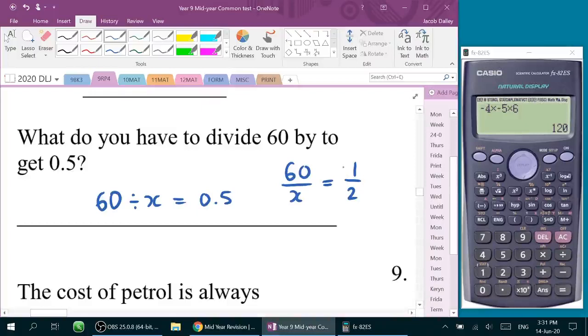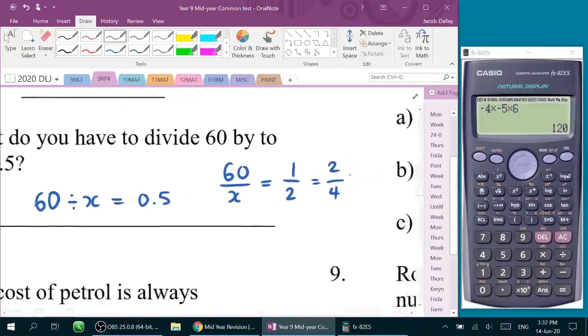When we've got equivalent fractions, another equivalent fraction would be 2/4, or 5/10. So what happened? 5/10 is still, these are all different ways of representing 0.5 as a fraction.